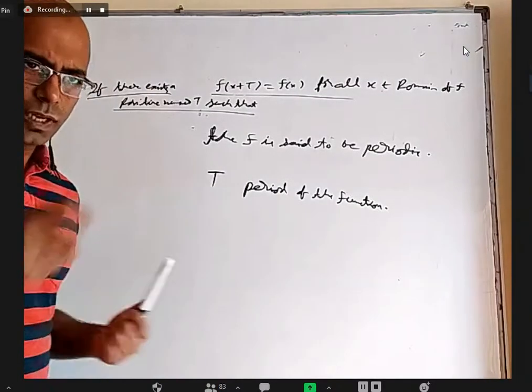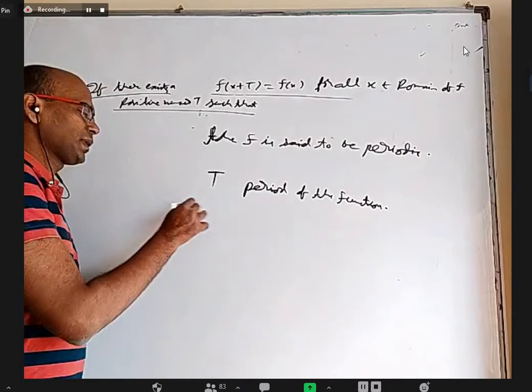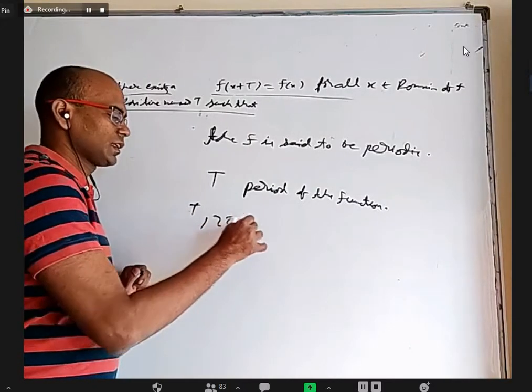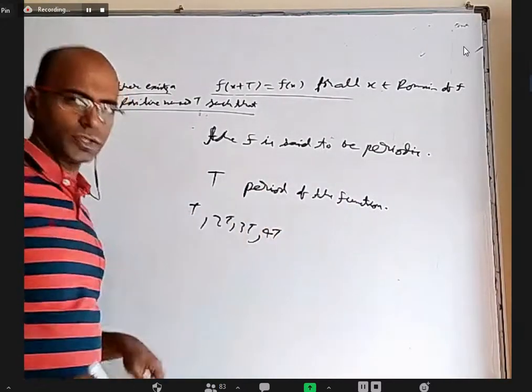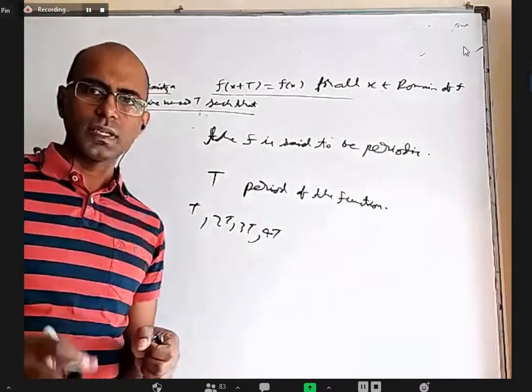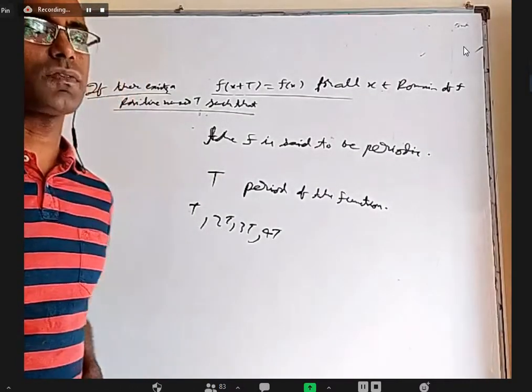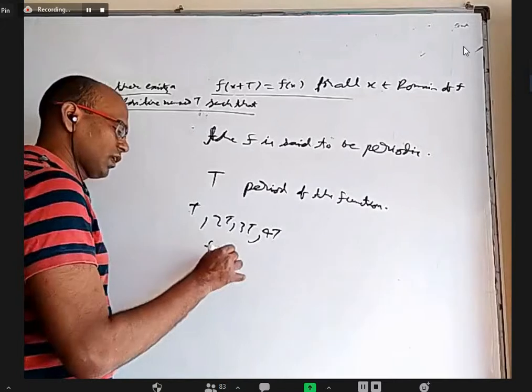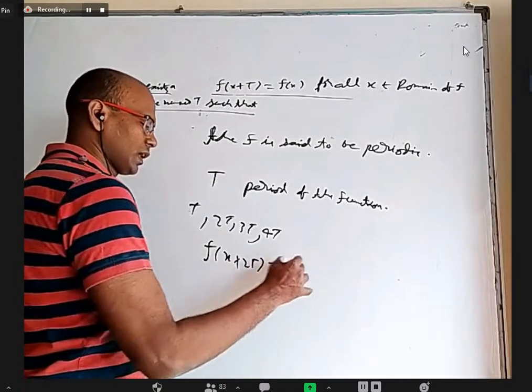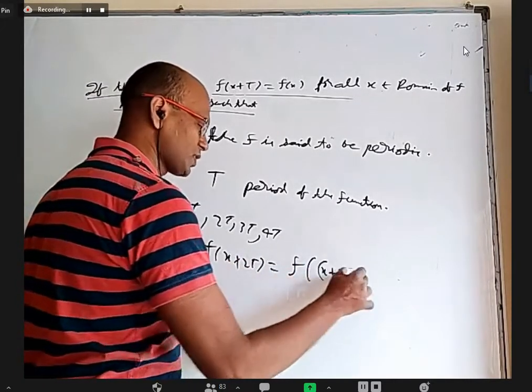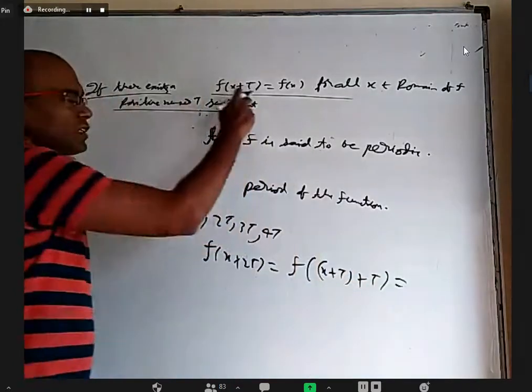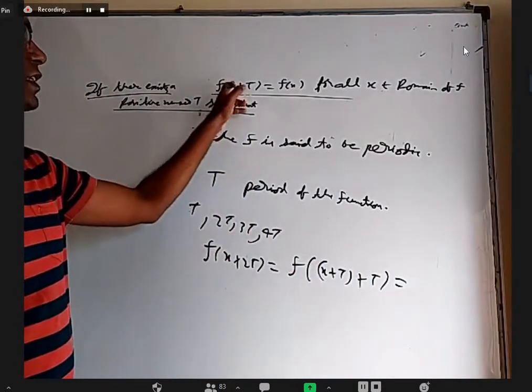And there will not be just one period. Whenever t is a period, 2t, 3t, 4t are all periods. If f of x plus t is f of x, definitely f of x plus 2t is also f of x. Why? f of x plus 2t, you can write as f of x plus t plus t. According to this formula, whenever plus t is there, it can be neglected.